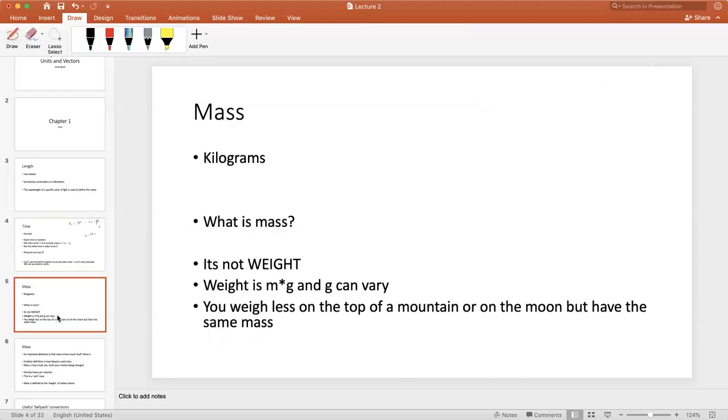The last fun one is mass. Mass is the final unit. Mass in SI units is kilograms, and that should automatically tell you, why is the name 1,000 grams? Well, chemistry uses grams. Grams tend to be easier, or they're more useful quantities.